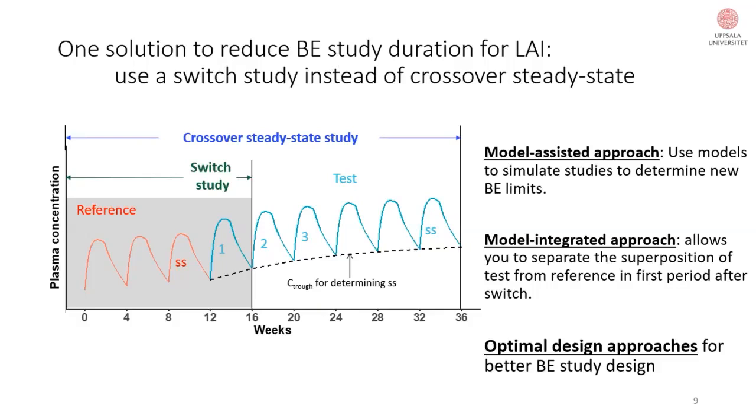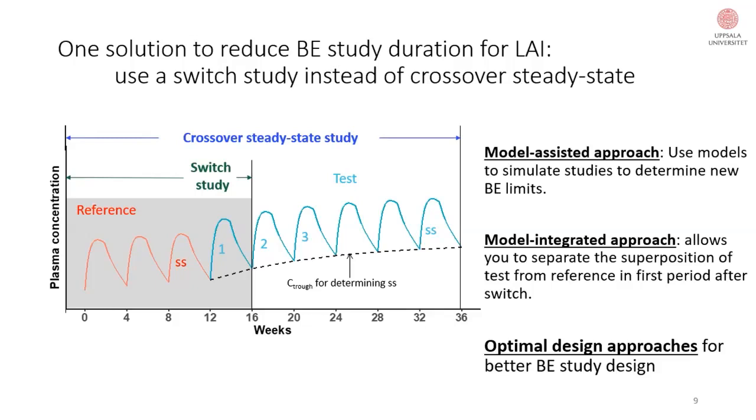Of course, you still may have a reference drug in the system there, and you can then use your model to either change what the bioequivalence limits should be, or use your model to separate the superposition of the test and reference products that are in this second occasion that you're measuring.